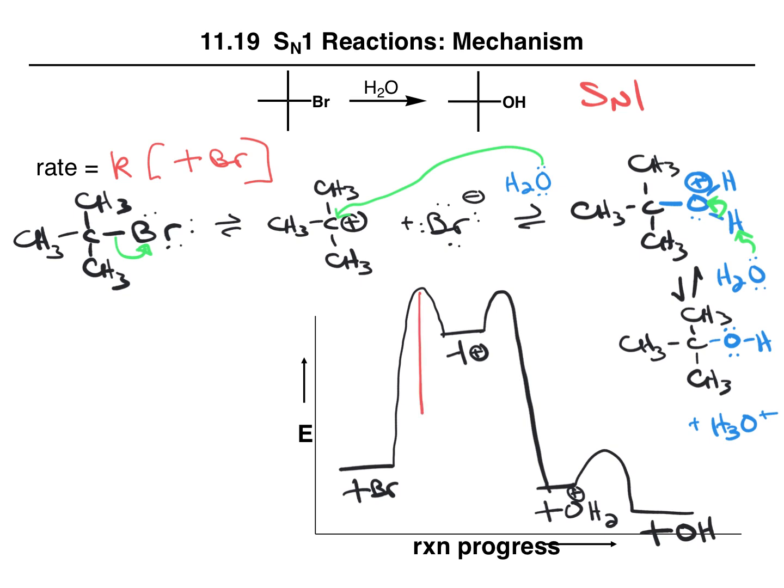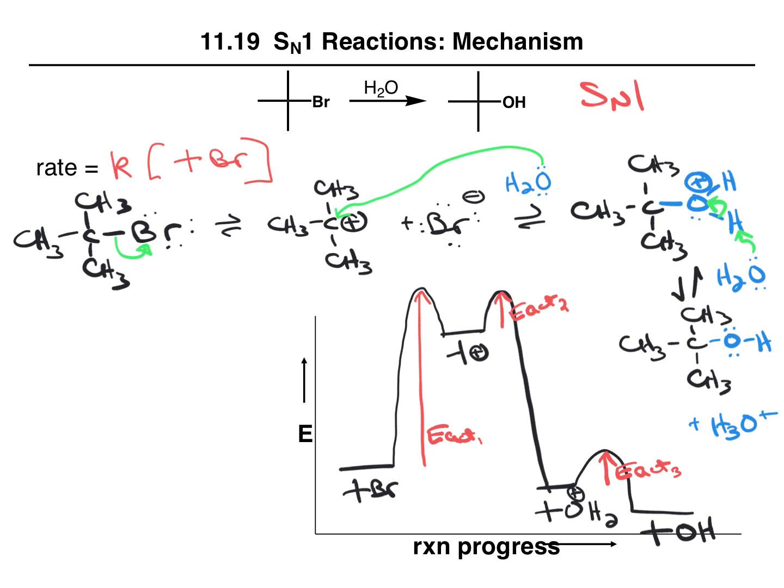So this is the activation energy of step 1. This is the activation energy of step 2. And this is the activation energy of step 3. I'm not being very precise thinking about the relative energy of these products relative to the starting material.